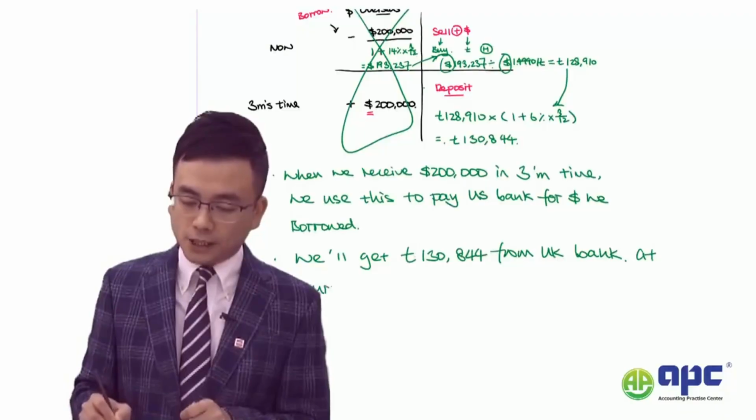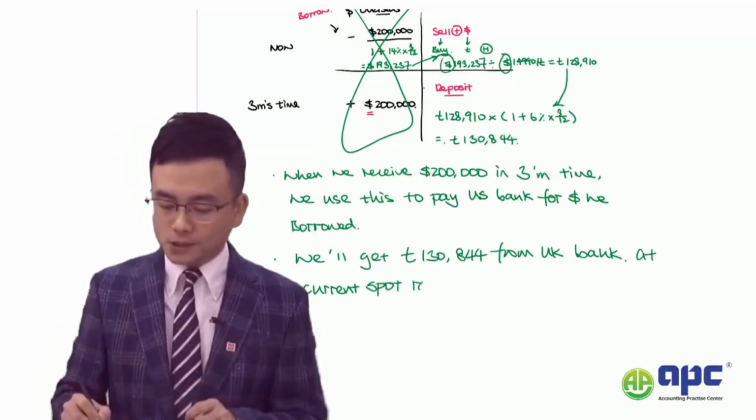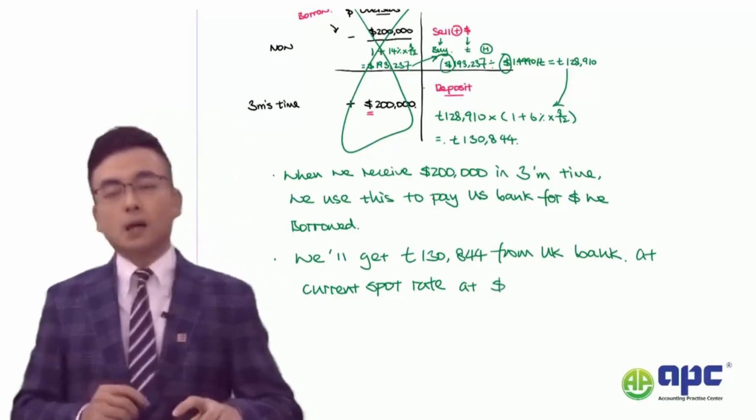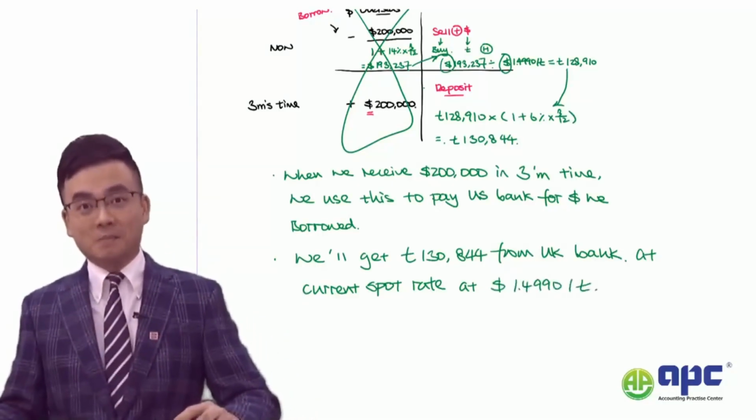The current spot rate when we sell the USD, which means to buy the UK pound, is 1.4990 per UK pound. That's how we do the money market hedge.